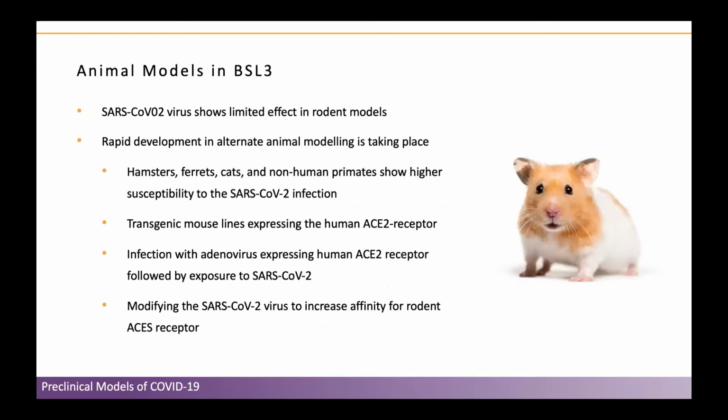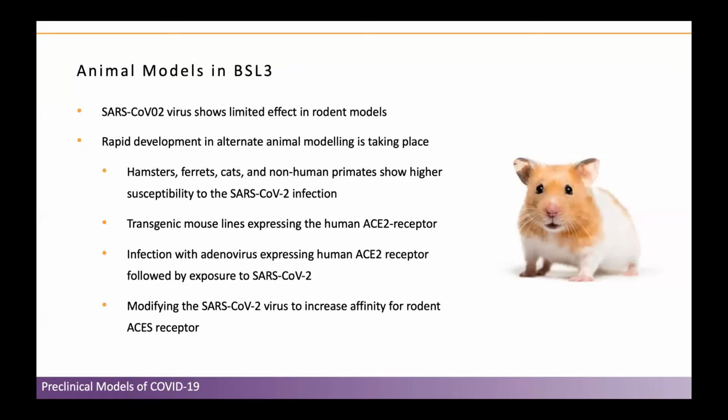If you're looking for animal models in BSL3 and you're lucky enough to have access to those laboratories, you can use this COVID-19 virus directly in your work. But what they have found so far, which is unfortunate, is that this virus shows limited effect in traditional rodent models such as mice and rats. So there's been a lot of rapid development into alternate animal models.